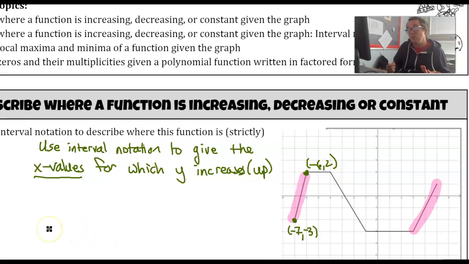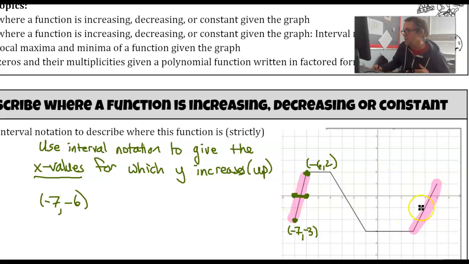And I'm going to use interval notation to describe these x values right here, from -7 to -6. These are the x values for which the function goes up. So my interval notation is going to be like as low as -7, that's the x value on the leftmost point, up to -6, that's the x value on the rightmost point. That's one interval of increase.